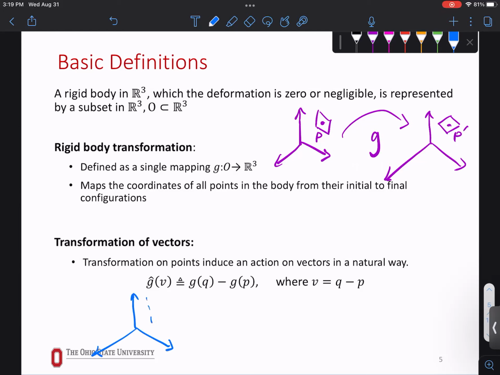So let's say in that same plane object, I have Q and P, and this is my vector. V is P minus Q or Q minus P. How do I map this?